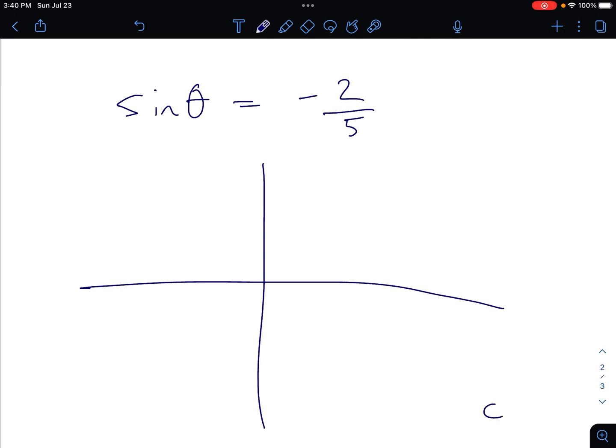Well, based on the CAST rule, sine is negative down here in 3 and 4.